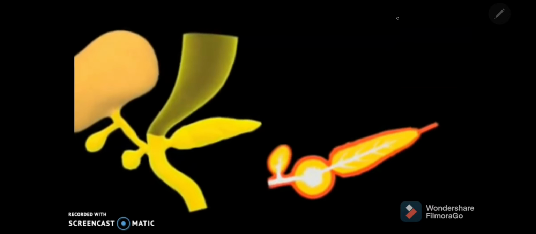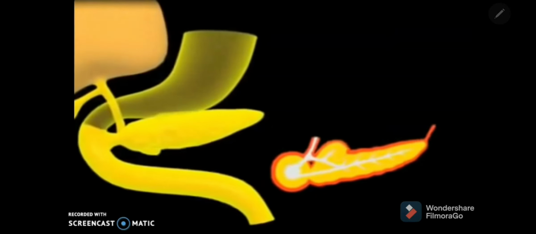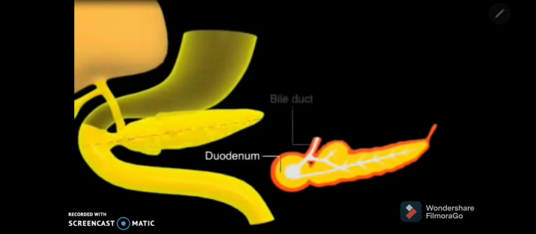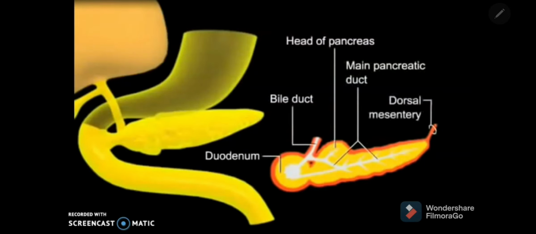From the ventral pancreatic bud, what do we have? The lower part of the head and uncinate process. That's why it is supplied by the inferior pancreaticoduodenal artery. From the dorsal pancreatic bud, we have the upper part of the head, neck, body and tail. That's why it is supplied by the superior pancreaticoduodenal artery and splenic artery. And the main pancreatic duct is formed from the oblique communication between the ventral bud and dorsal bud.